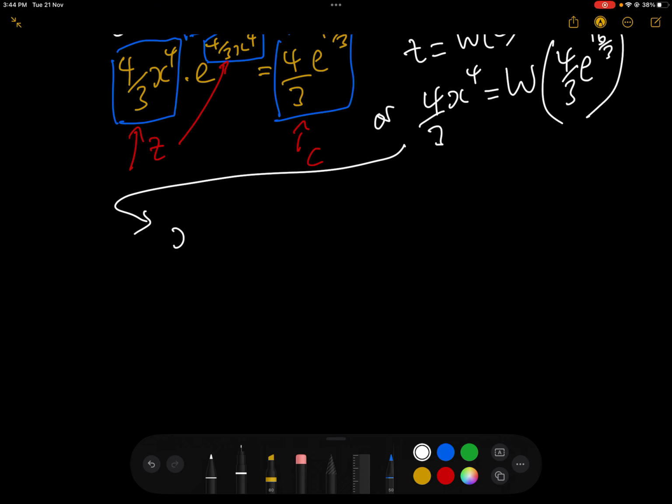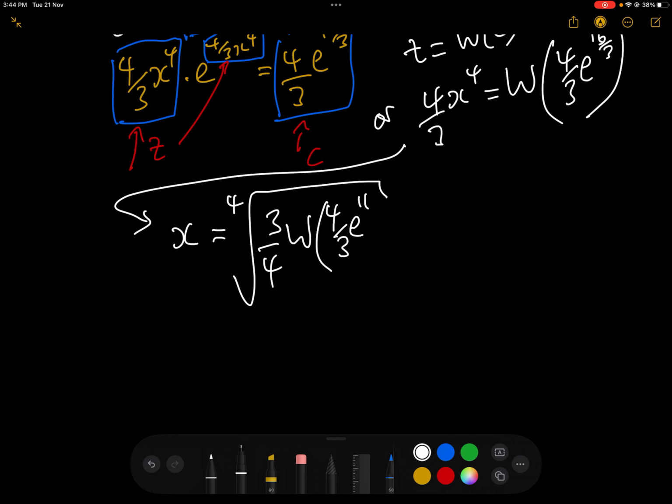And so therefore our answer, formally speaking, is that x equals the 4th root, taking the 4 over 3 over the other side, of 3 over 4 W of 4 over 3 e to the 16 over 3. And that is the solution to the equation x to the 4 and 3 log x equals 4.